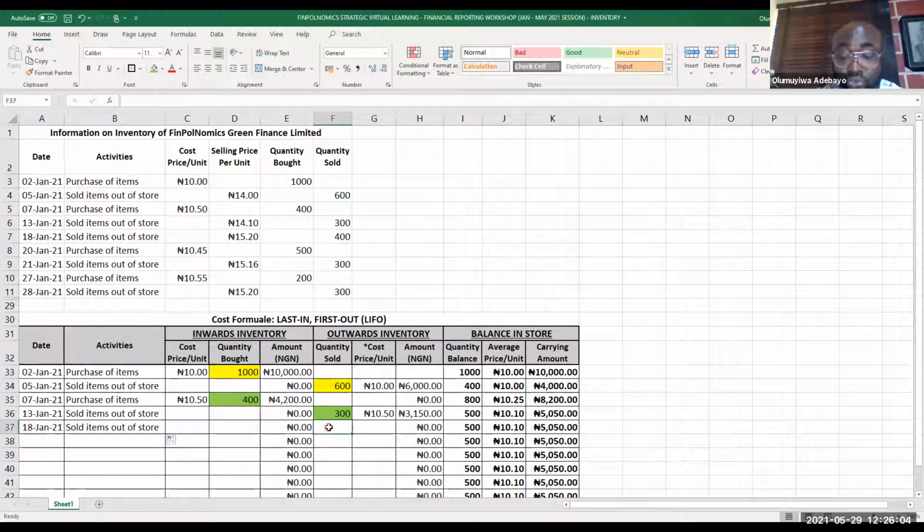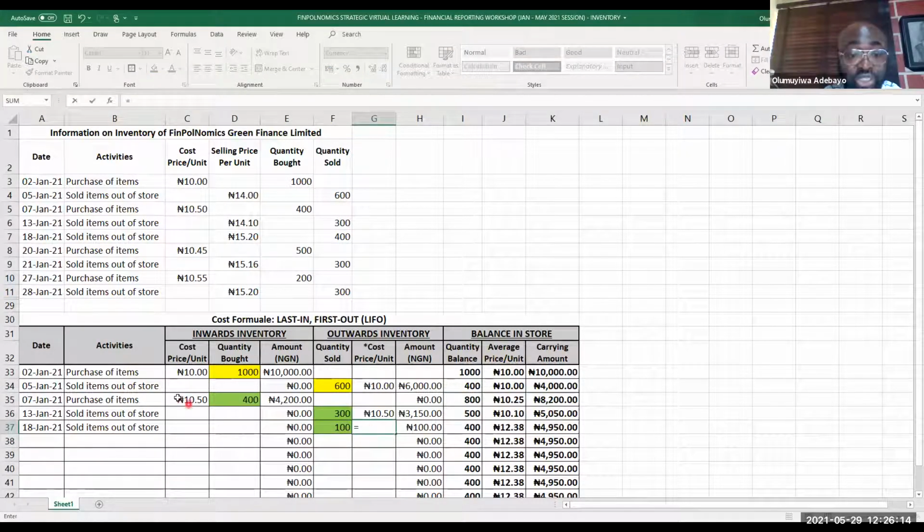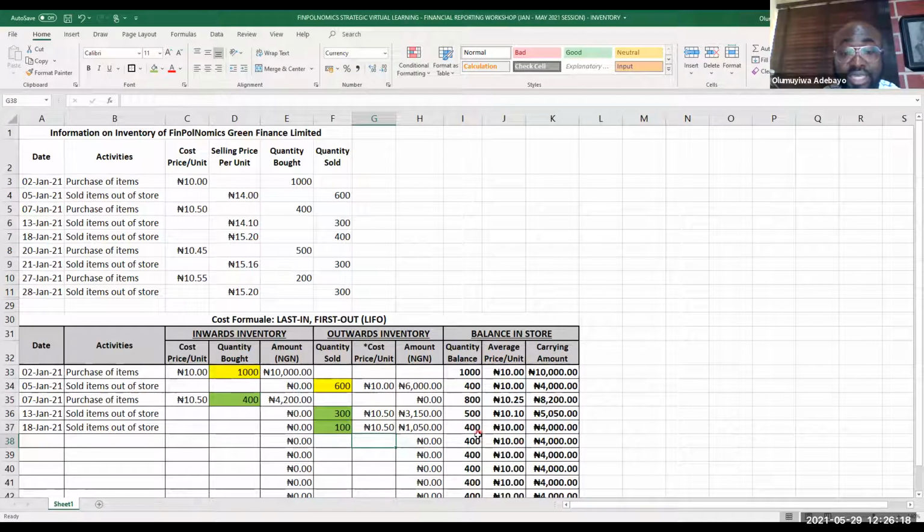From the last batch, what is left is 100, which means from this batch of green is what I'm selling from. And it cost me 10 naira 50 kobo. What is outstanding is 1,400 from the first batch at 10 naira, which is what we are seeing here.